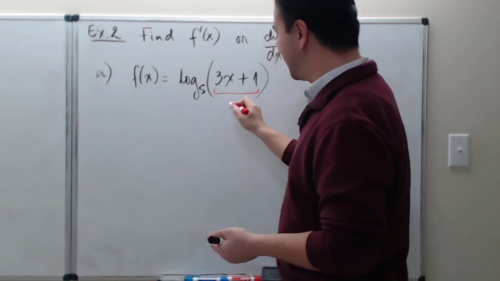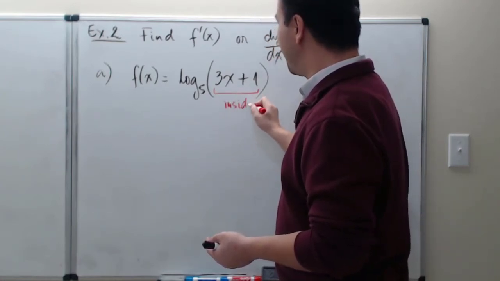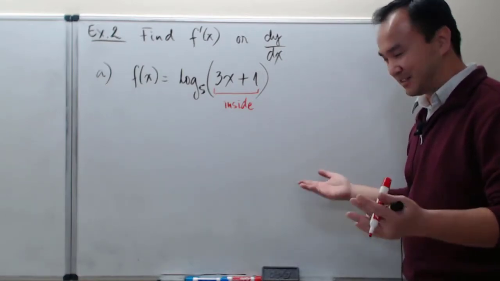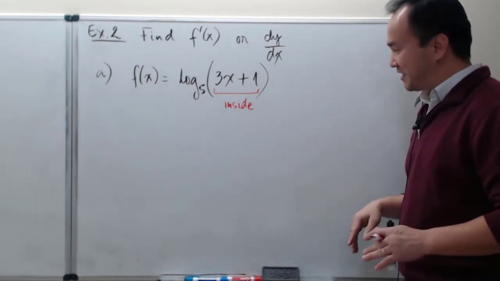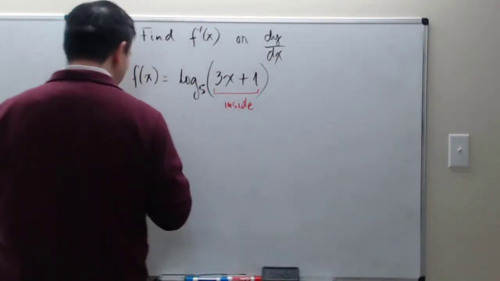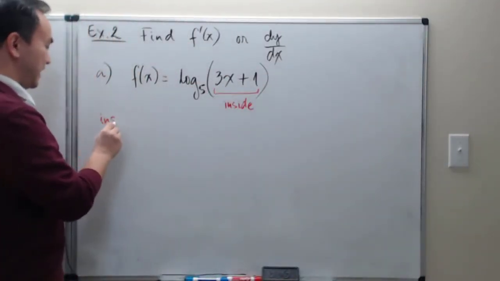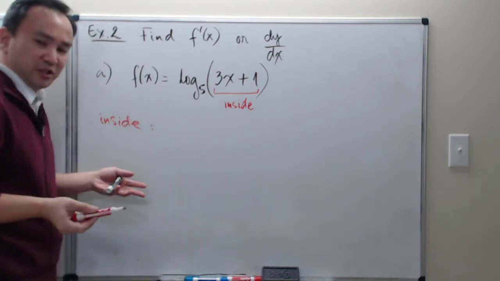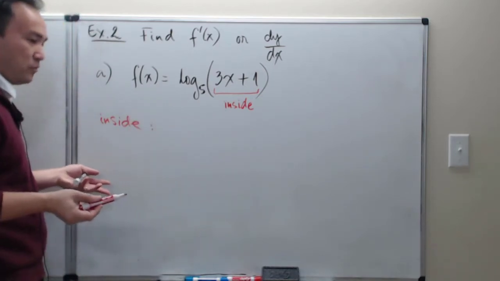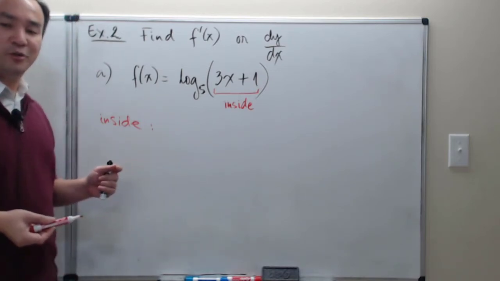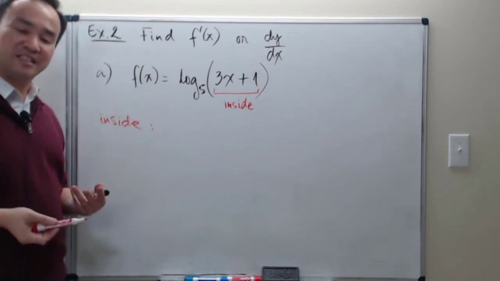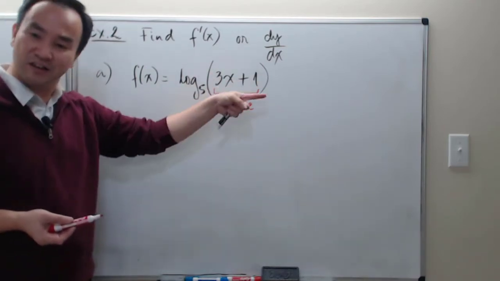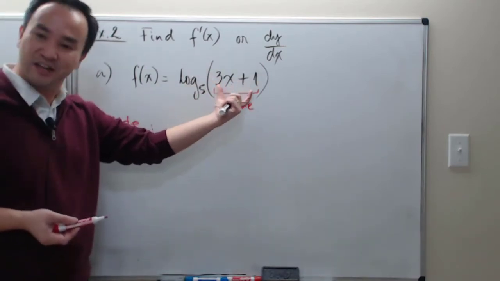That's starting to remind anyone viewing my video about some rule we must bring in as a critical understanding here. Even though, again, I said there's no right or wrong way to recognize which is the inside expression and which is the outside, my recommendation here is to take the part inside of the logarithm as your inside expression.